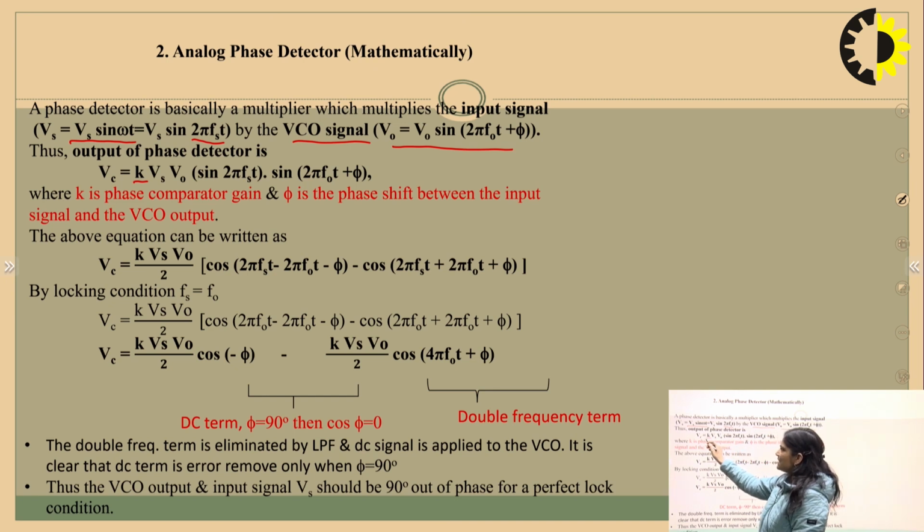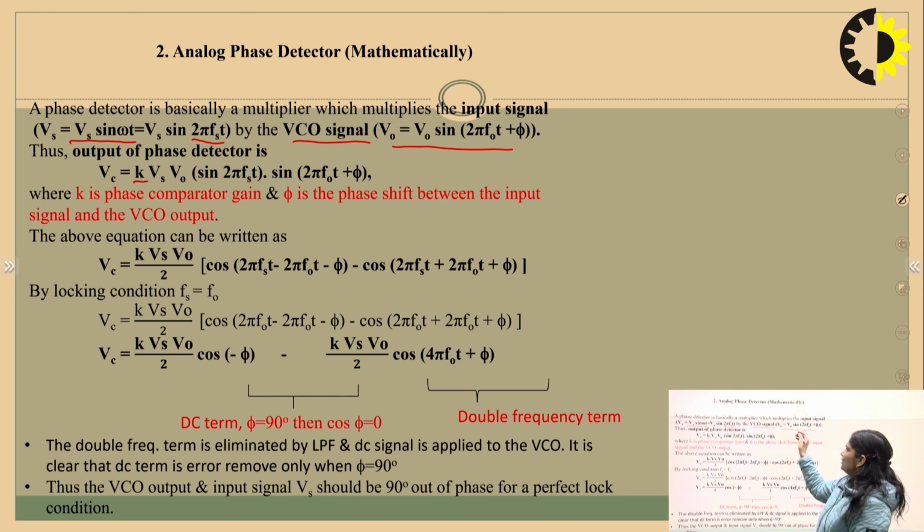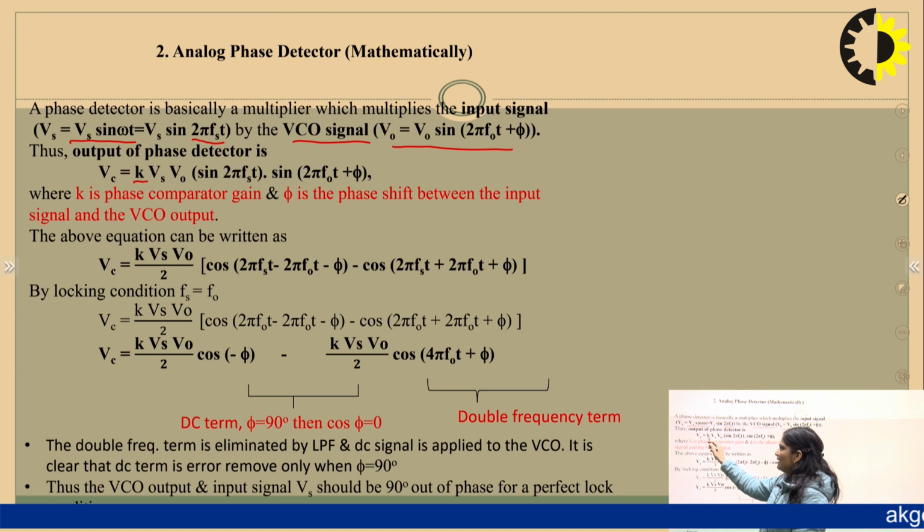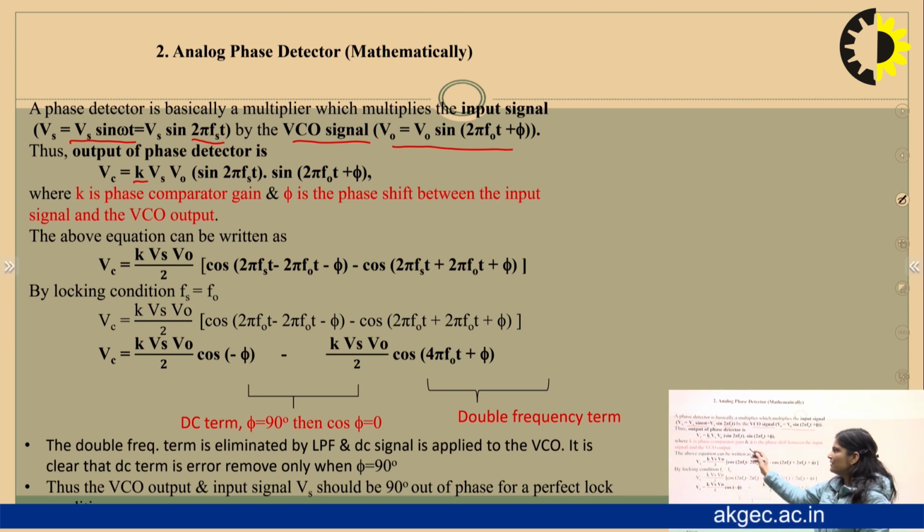So Vc is equal to K into Vs sin 2 pi fs t into V0 sin (2 pi f0 t plus phi). We have to multiply these signals. Here K is the phase comparator gain, and phi is the phase shift between the input signal and the VCO signal.